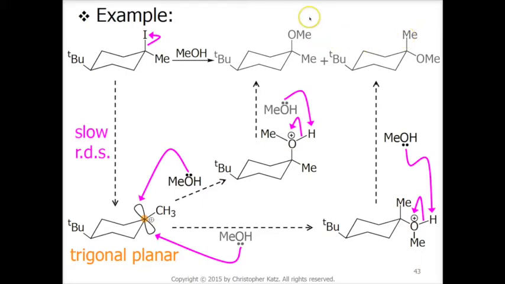So my guess, if I had to guess, between these two isomers, not enantiomers, is that the product with the methyl axial will probably be a little bit more in excess than the one with the methoxy on the left. So the methoxy here on the left would be a little bit less so than the methyl here on the right, because the methyl is a smaller group to put in the axial position.